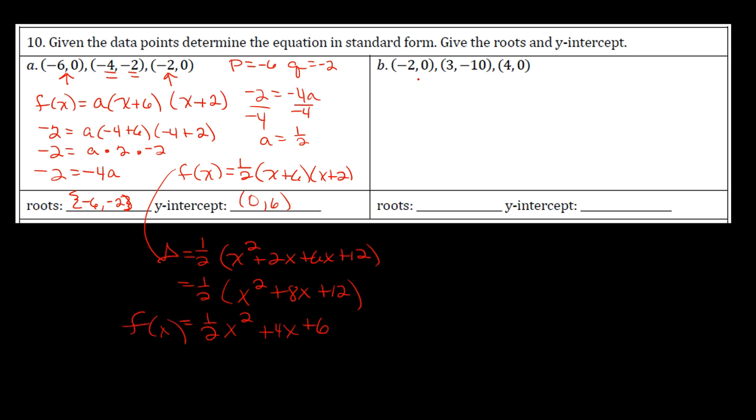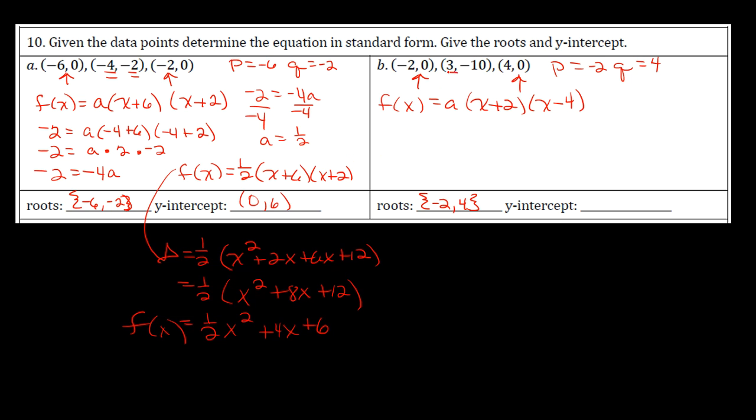Moving along. Again, these are my roots, my x-intercepts, so -2 and 4. My P is -2, my Q is 4. So we're going to have x minus -2 times x minus 4.